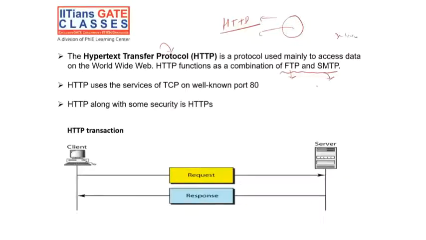Similarly, there is the simple mail transfer protocol. Also in the web browser, we normally use mail, Gmail, and all these things. Gmail in the web browser. So inside the web browser, HTTP is a combination of FTP and SMTP, because simple mail transfer protocol is a text-based protocol. Whatever the text content, the basic content in a web page is text, right?